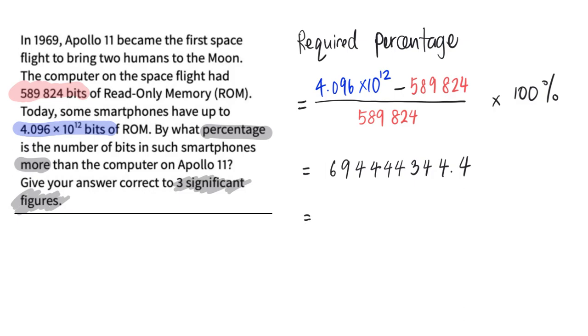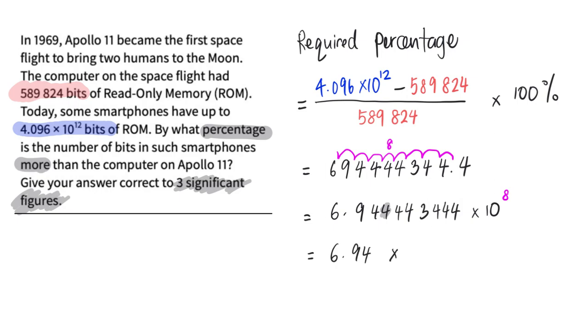So I will have 1, 2, 3, 4, 5, 6, 7, 8 times, so 6.944443444 times 10 power 8. To leave the final answer in 3 sig fig, I look at this, which is less than 5. So 6.94 times 10 to the power of 8 in 3 SF.